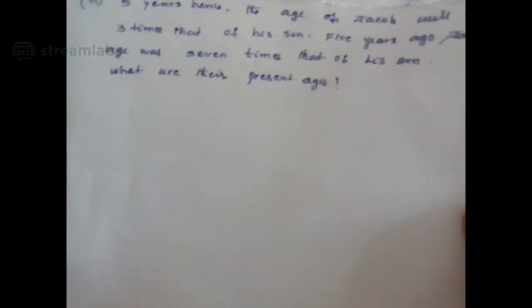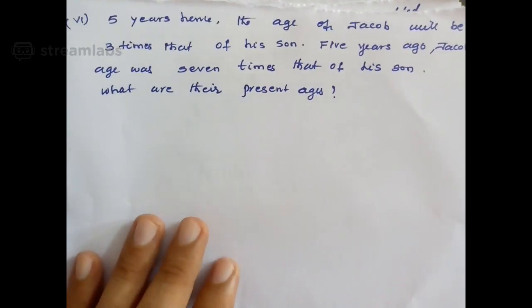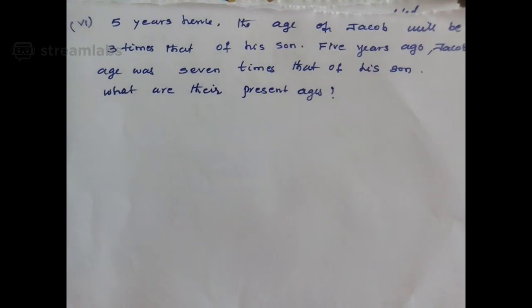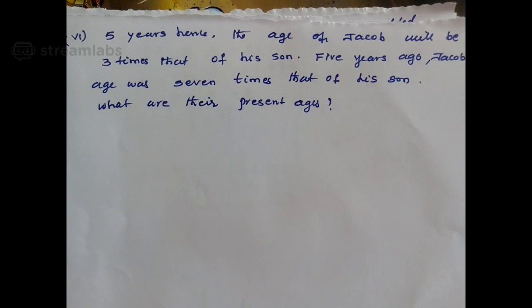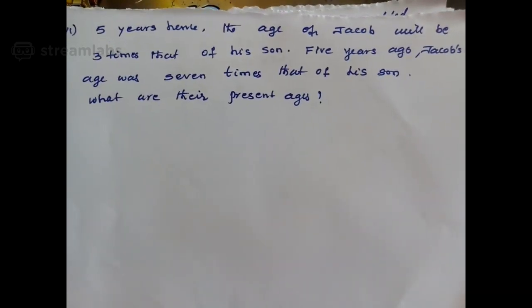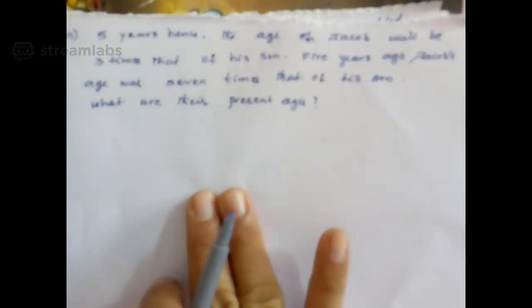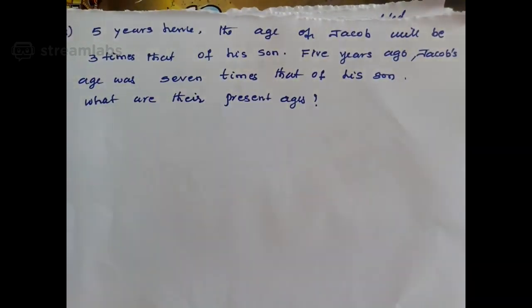See the next problem. 5 years hence, the age of Jacob will be 3 times that of his son. 5 years ago, Jacob was 7 times that of his son.